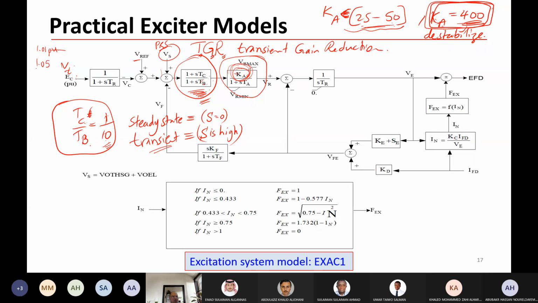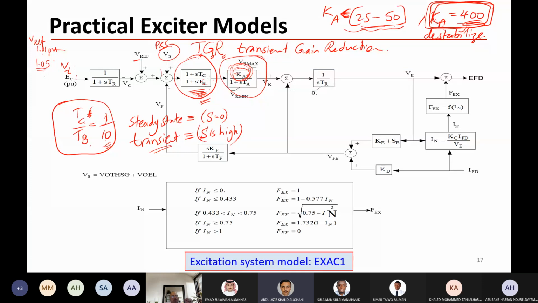So I want to adjust it to 1.05. Okay, so this is V reference. So I would like VT to follow the reference voltage. Is it clear? Yes, thank you, Doctor.